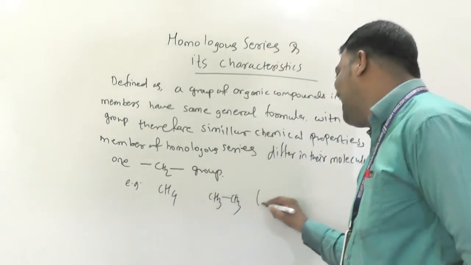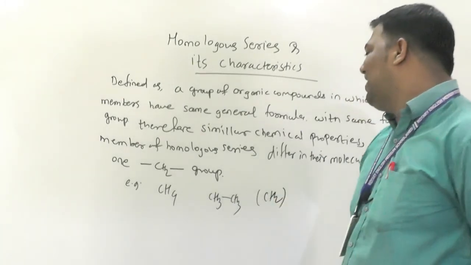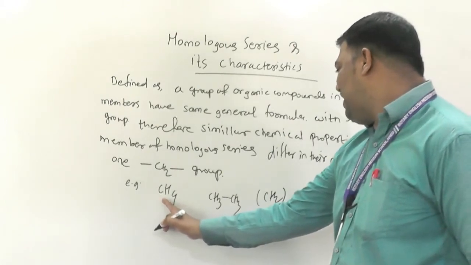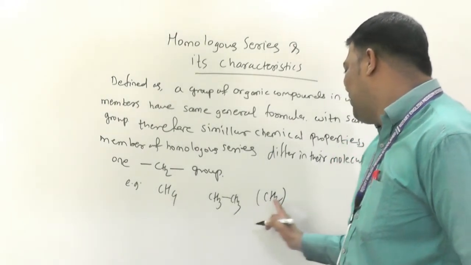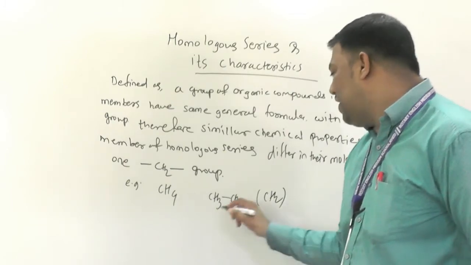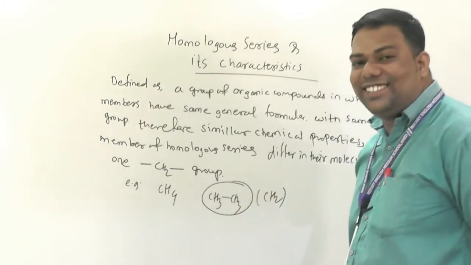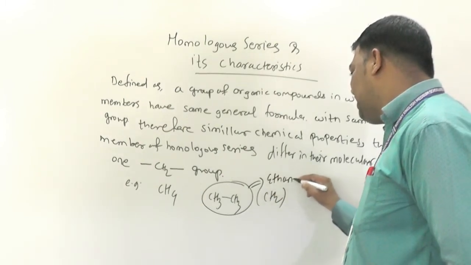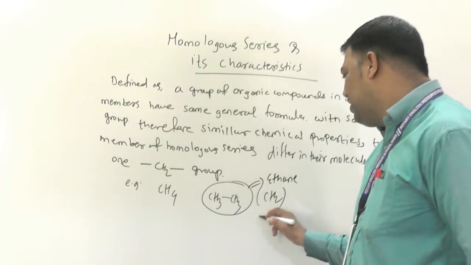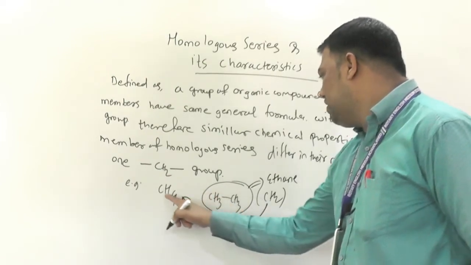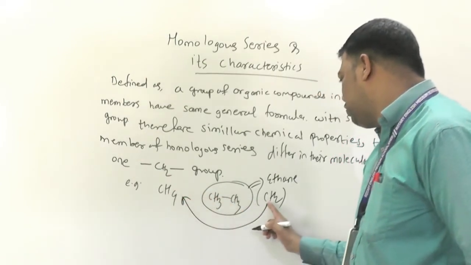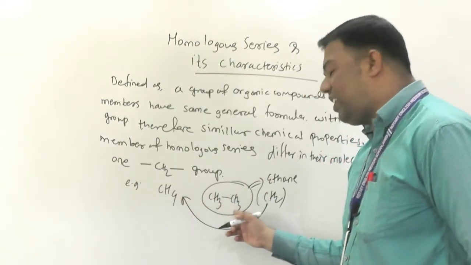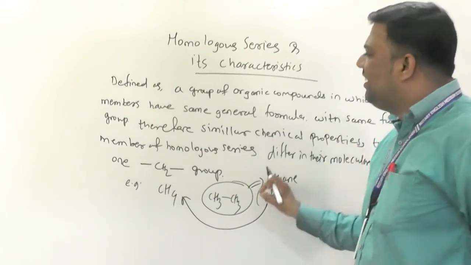Yes, CH2. Understood or not? It means one carbon atom and two hydrogen atoms I added. So it becomes CH3-CH3, which we call ethane. Compare this first: it differs by one CH2. I added one carbon atom, C2, and two hydrogens, so C2H6. Ethane you will get.